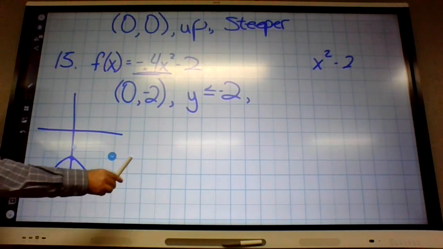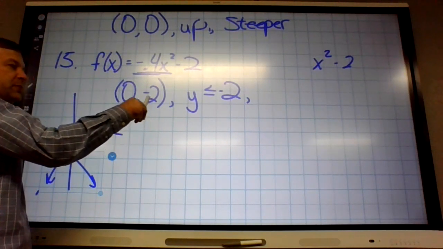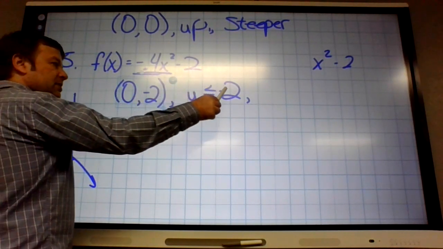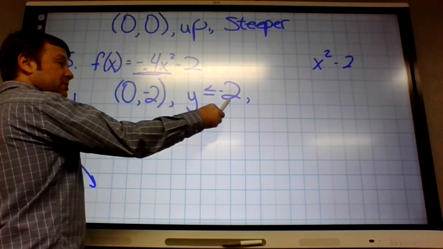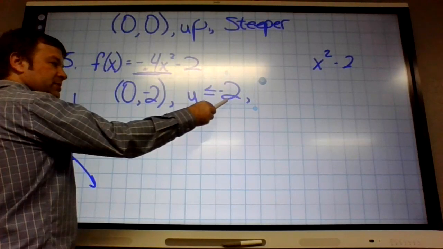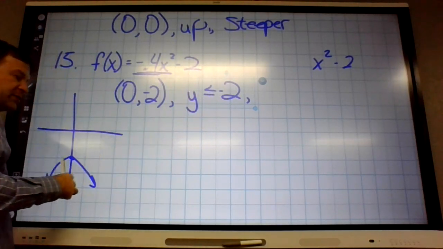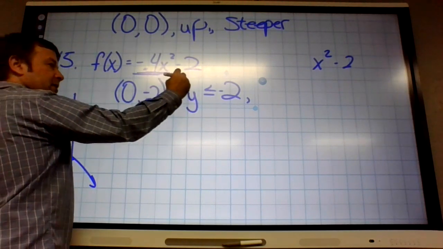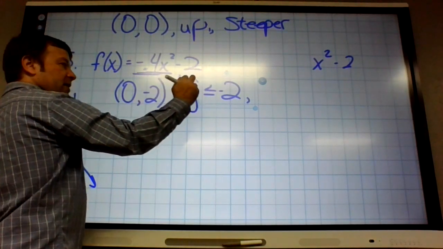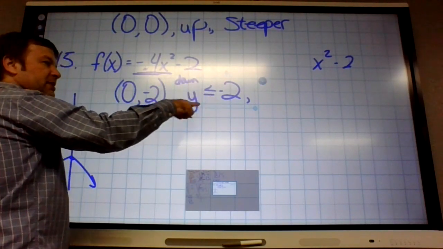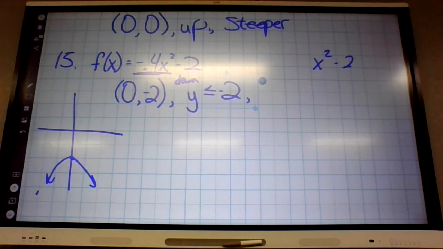I don't know if you guys noticed, there's a relationship between the y coordinate of the vertex and the possible y values. Starting at -2, since the graph is going down, all the y values below. So there's a connection between opening down and less than, and if it opened up, it's going to be greater than.